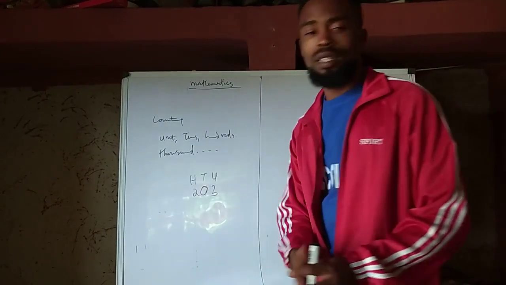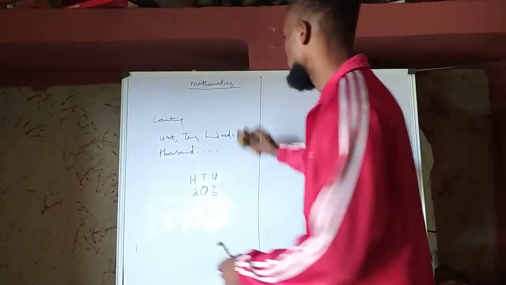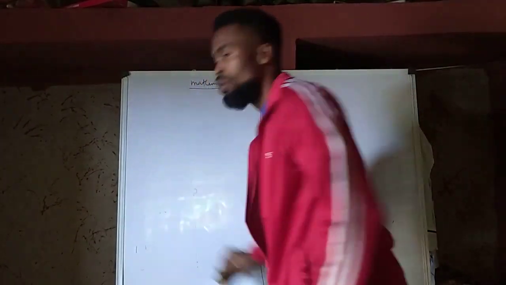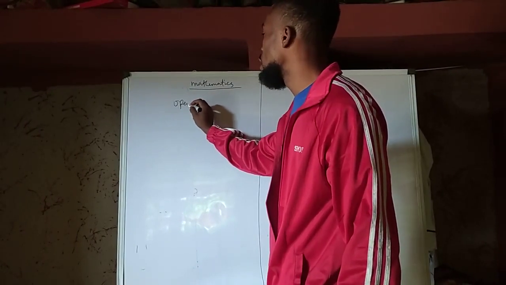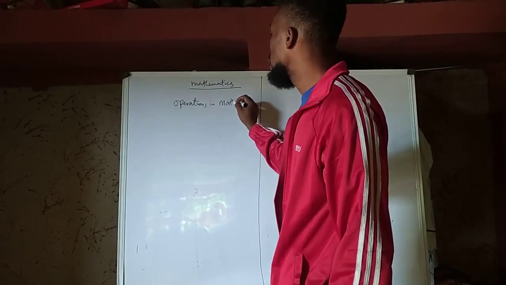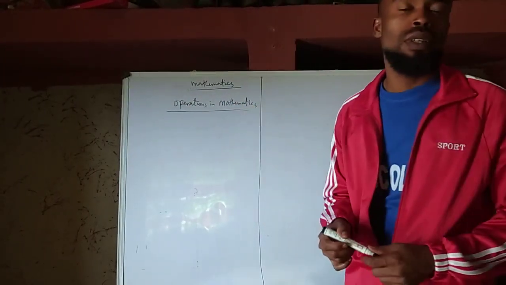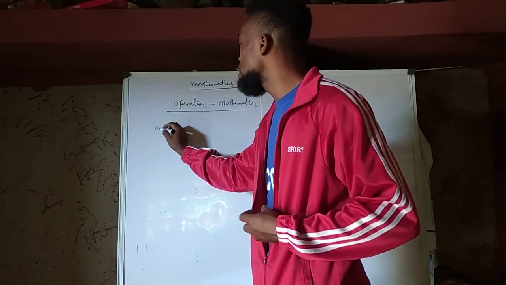So now let's look at something about our mathematics. We are going to look at what we call operations in mathematics. Now, in mathematics, there are basic operations that we do, like addition.